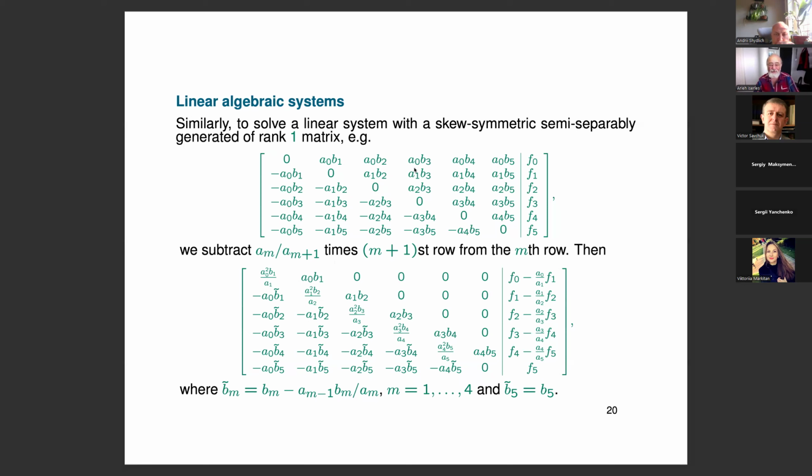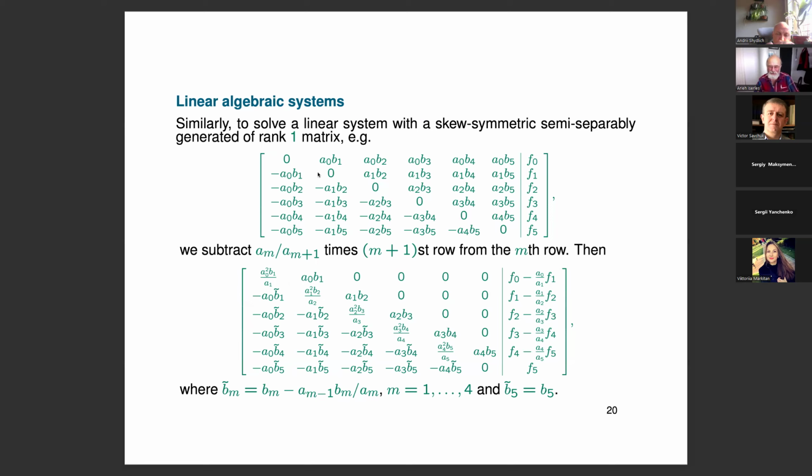A0 over A1 times A1 B2 is A0 B2, so it will be cancelled. The same here, the same here. What we obtain is this.